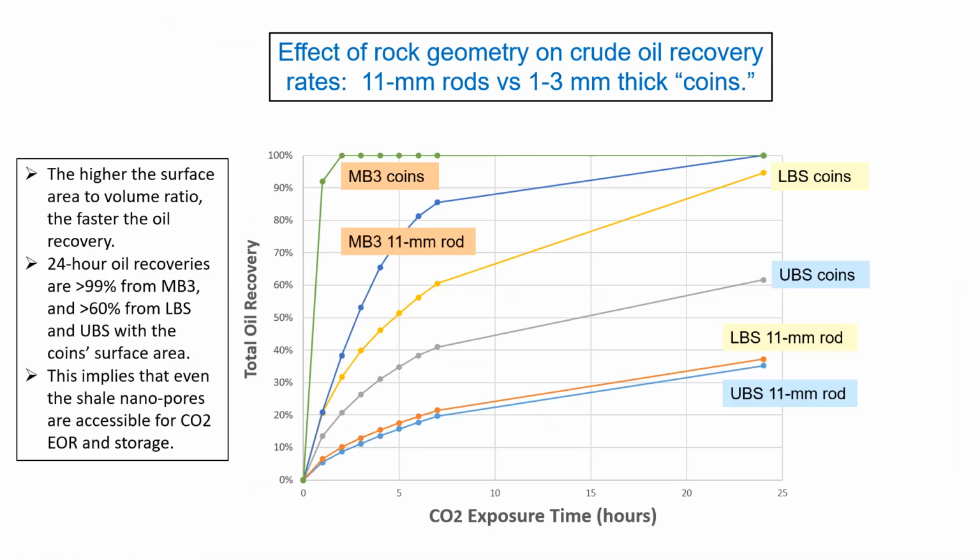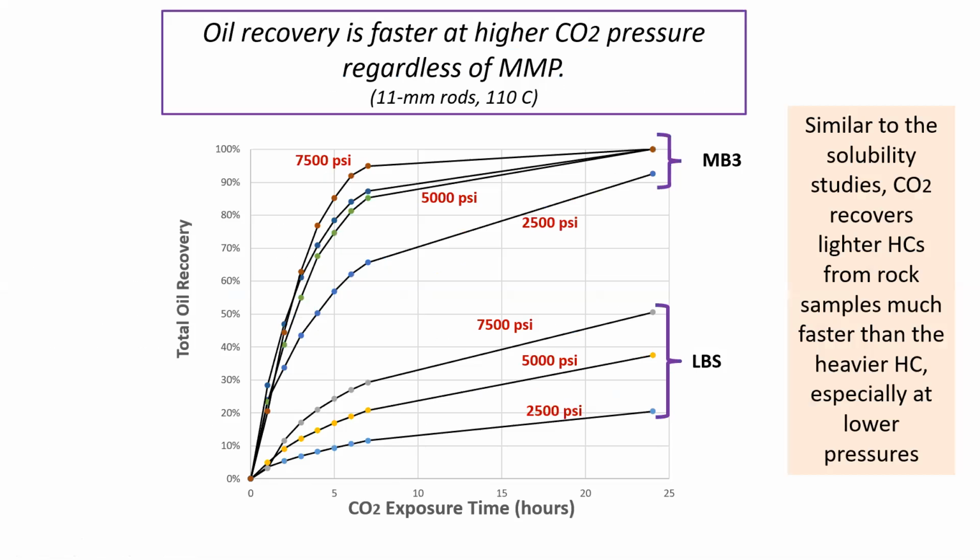And if we grind up the shale rocks to 1 to 3 millimeters, we get over 95% of the oil out, which implies these nanopores are accessible to CO2 for both oil recovery and storage, if you give me enough time and pressure to get the CO2 in there.